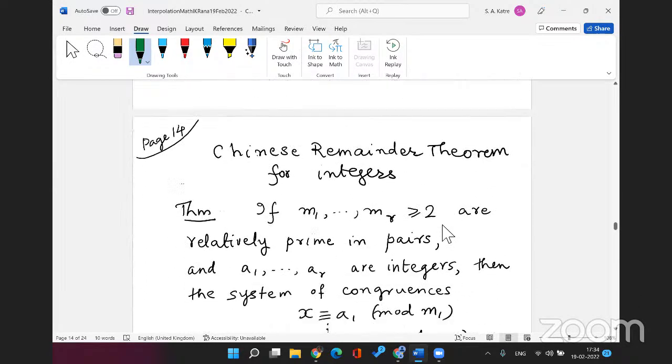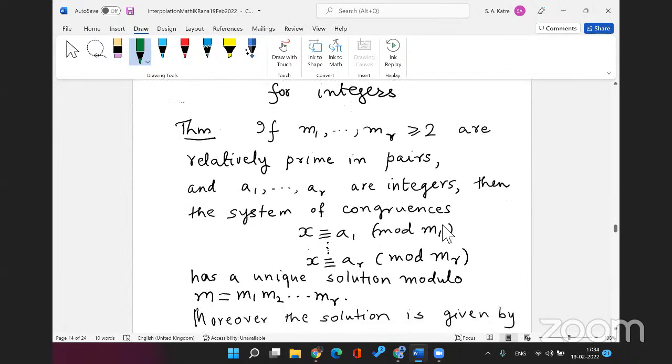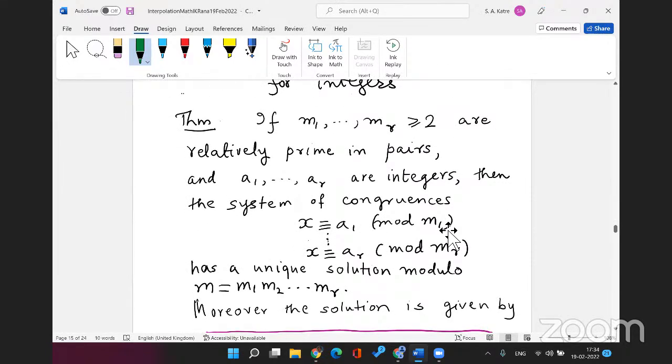So what is the Chinese remainder theorem for integers? So the question is, in usual remainder language, you are given some moduli, m1, m2, ..., mr, and you want a positive integer, say, which when you divide by m1 leaves remainder a1, divide by m2 leaves remainder a2, ..., divide by mr leaves remainder ar. Can you find such a positive integer?